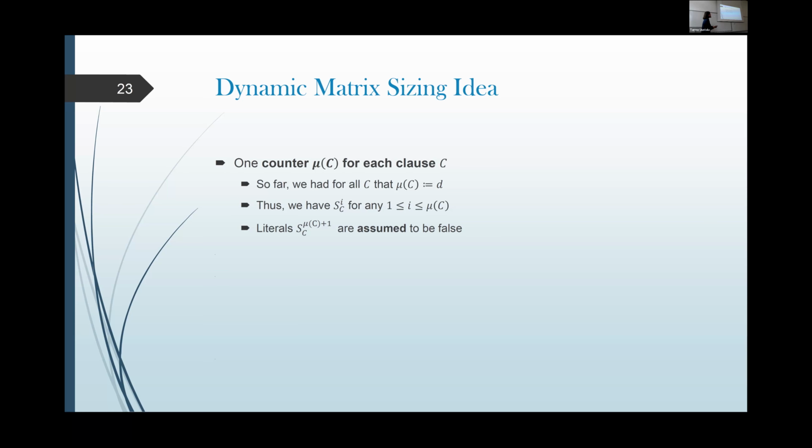So what we did is we used a dynamic approach, which lazily increments a counter for each different clause. In particular, we have this new n_C, which counts how many instances we have at most of a certain clause.